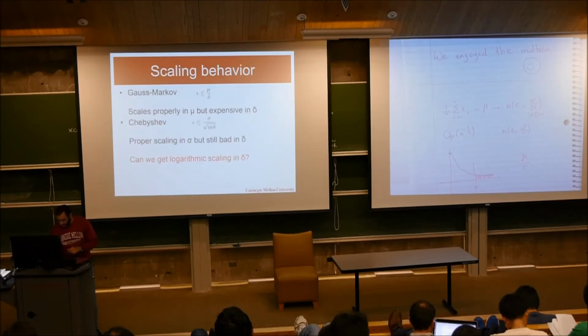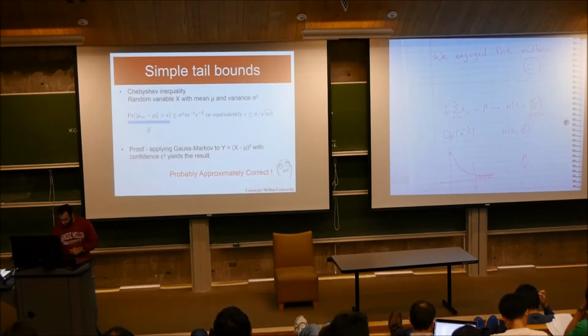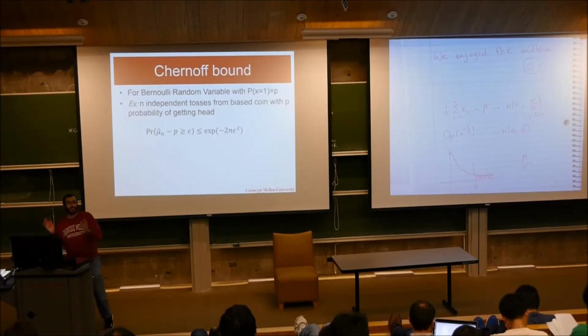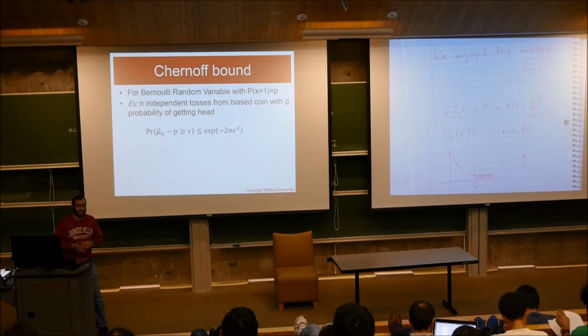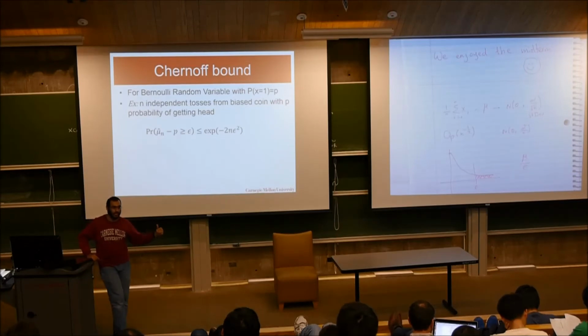Before we had 1 over n epsilon squared. Here we have exponential of minus n epsilon squared, which provides much faster decay in your error as you increase n.